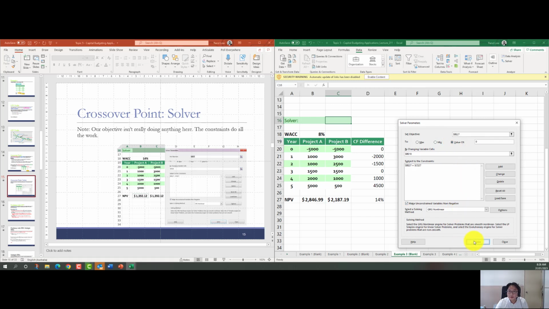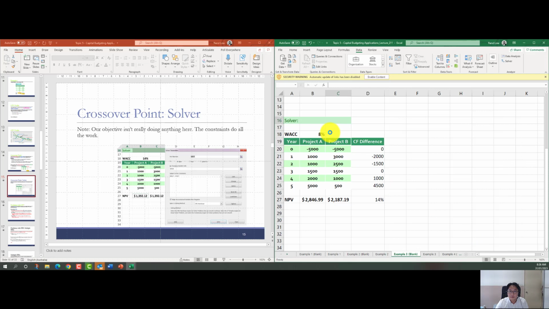That's pretty much it. So let's say solve. Okay, so you can see it's selected 14 as well. So that's basically two ways of doing it: the cash flow differences in IRR, or just using solver, click on that, set the two NPVs to 0, and it just generates that. So that's happy days.